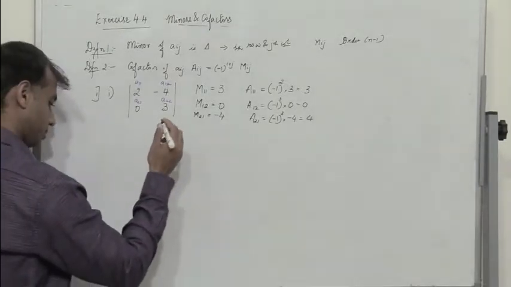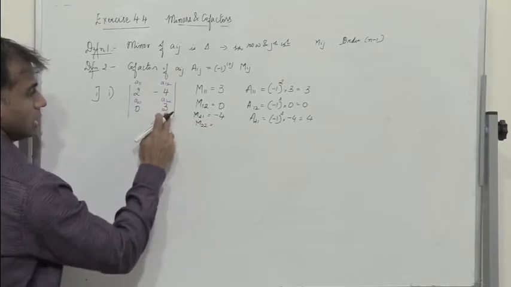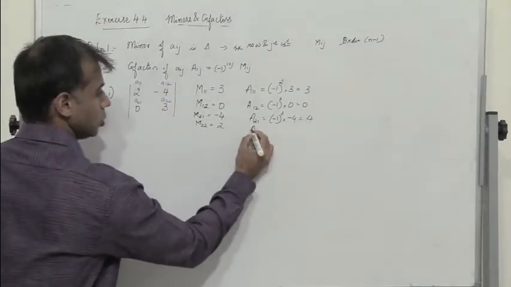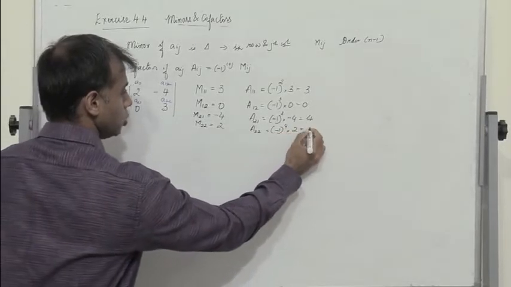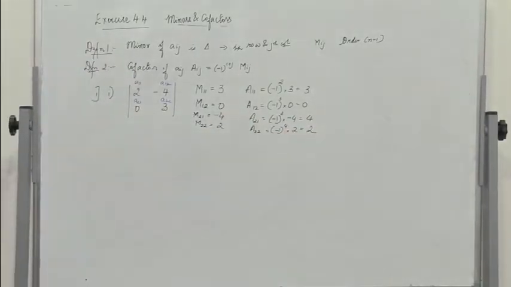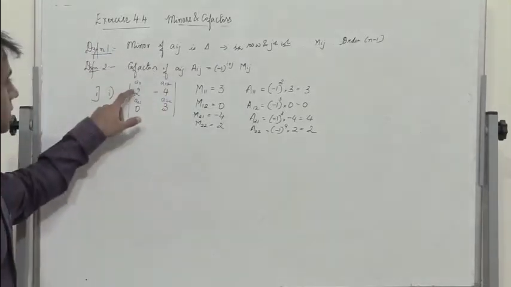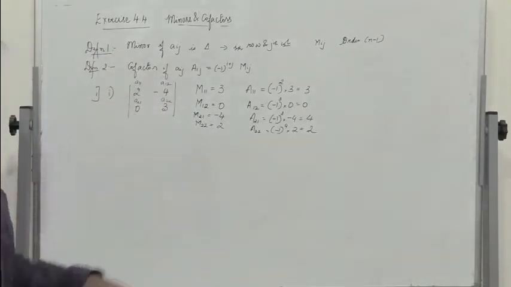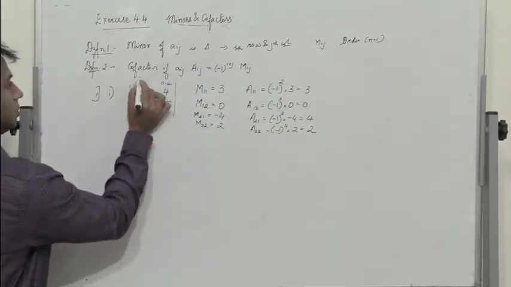And next, M22, the second row and the second column, I have 2. So A22 is nothing but minus 1 whole power 4 into 2, which is 2. Right? So to make things easier, to find the cofactor, I find that the cofactor of the first element A11 is multiplied by plus 1. So let me write a plus sign here.